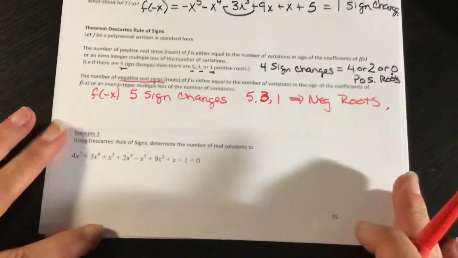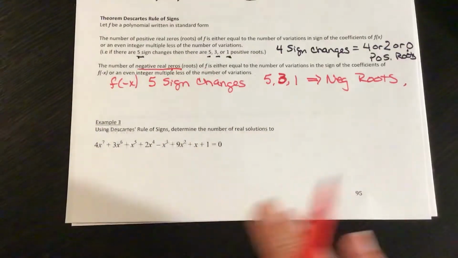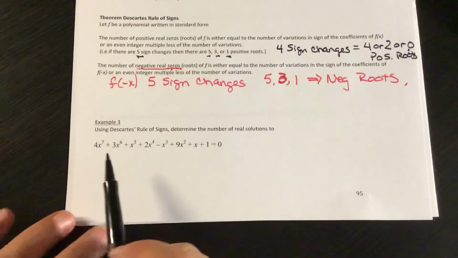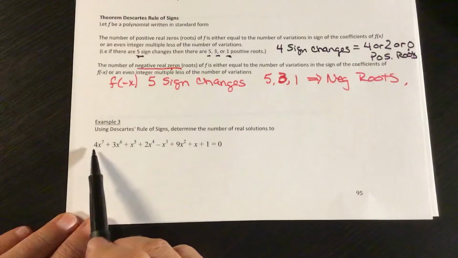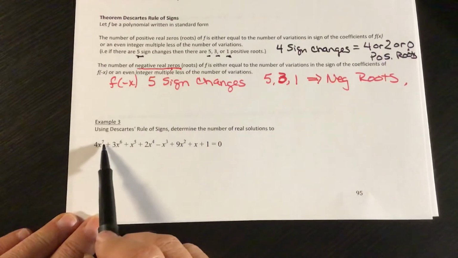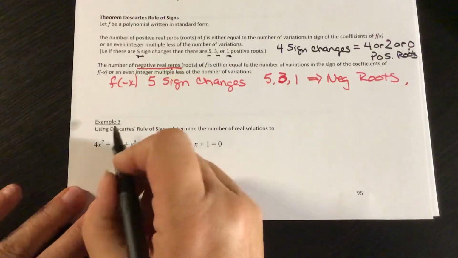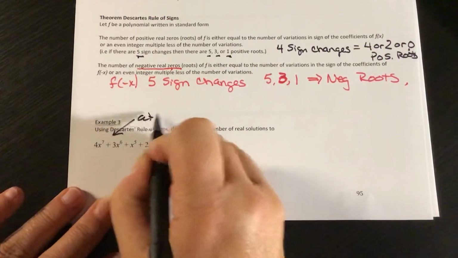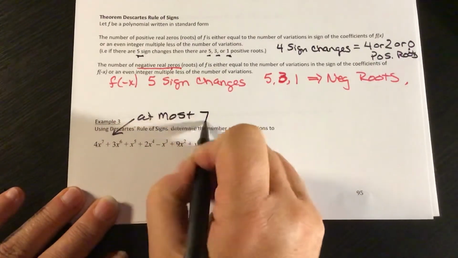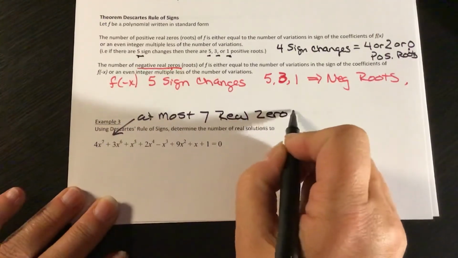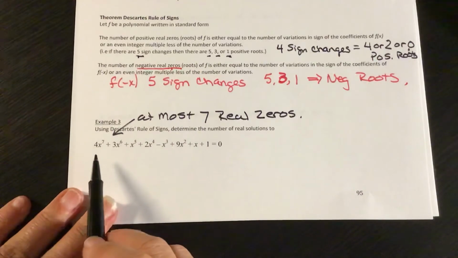All right, so down on example 3, let's look at what we have here for a minute. My highest power is 7, so I have at most 7 real zeros. So I could have 7 solutions.